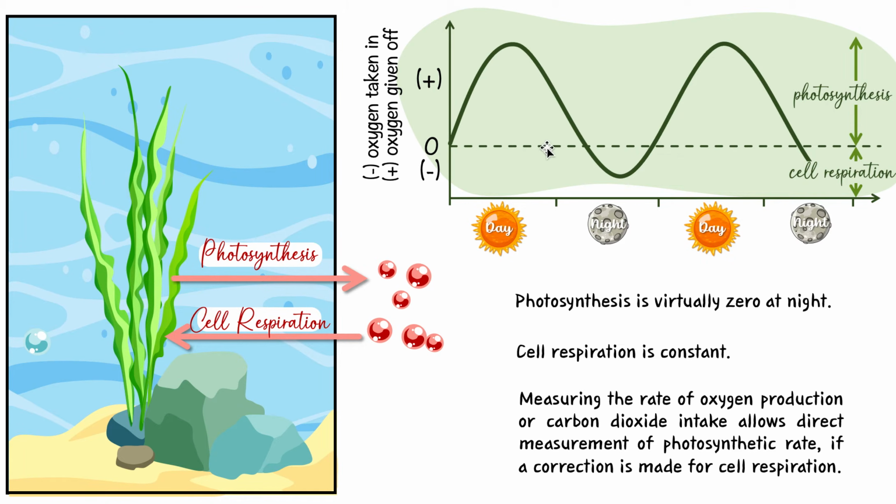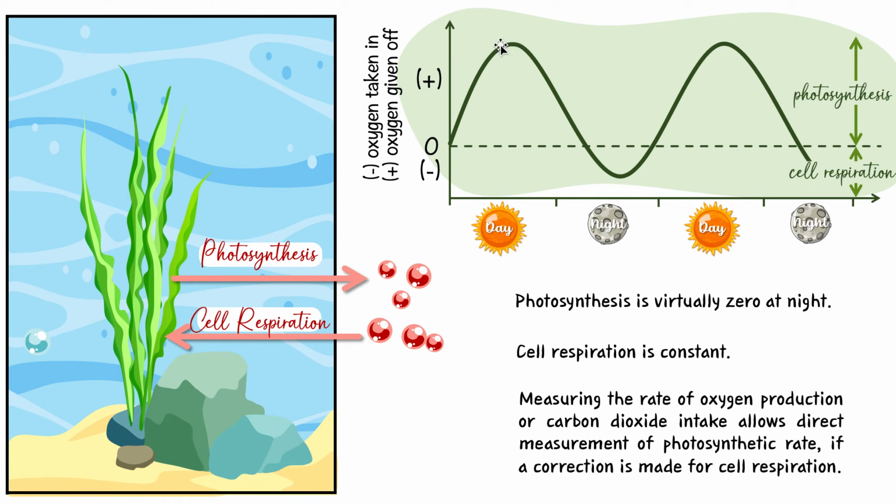But in reality, at any given moment, cell respiration is taking away this much oxygen. So if we want to find the true amount of oxygen made during photosynthesis, we need to have this amount here, and we need to add this amount here on top of that, because that amount is being taken away by cell respiration. So this number here is not actually right.